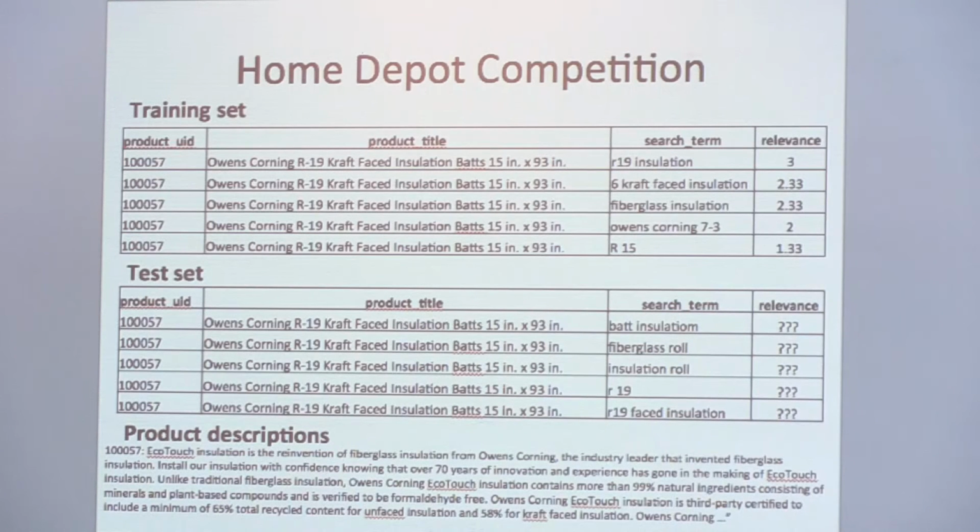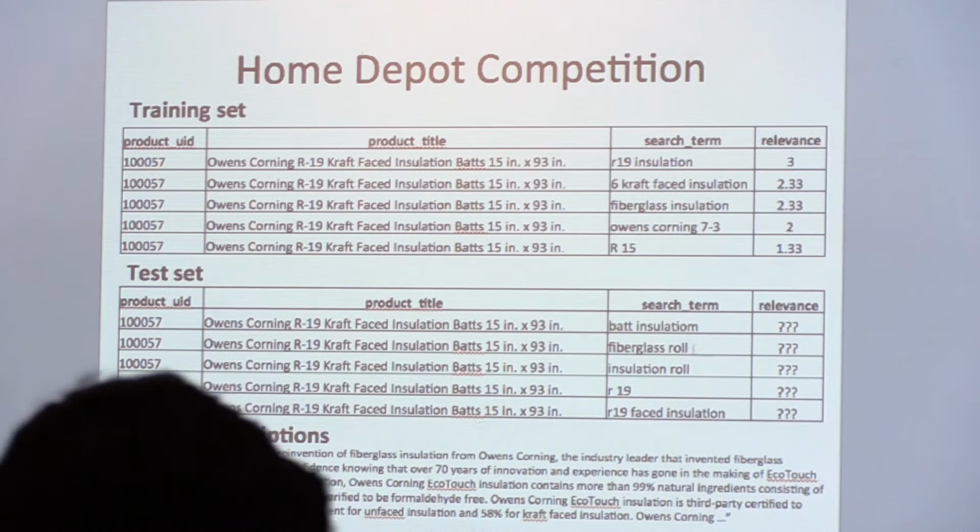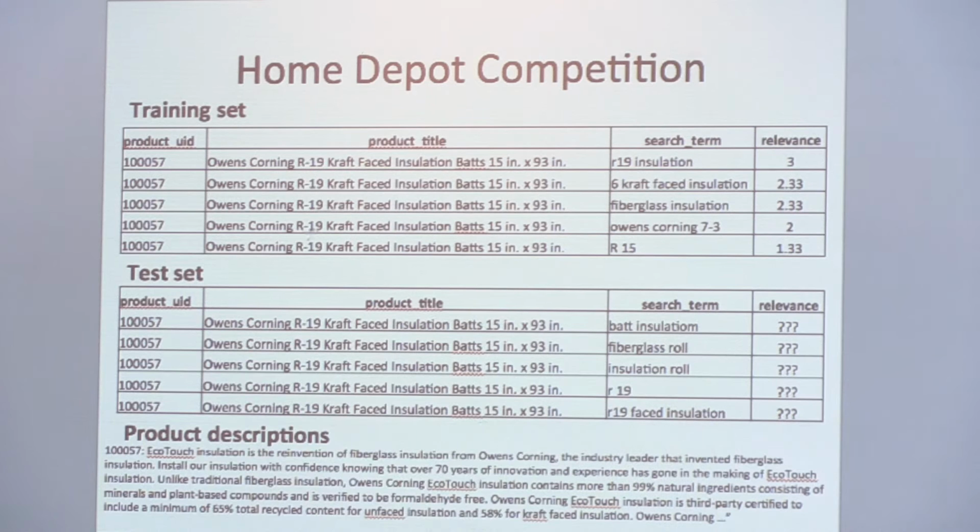So what was the data that you were using to predict this relevance? You're given a training set of information, and for each product, for this insulation again, you have some information about the product title, usually product descriptions, and loads of information from the Home Depot website.